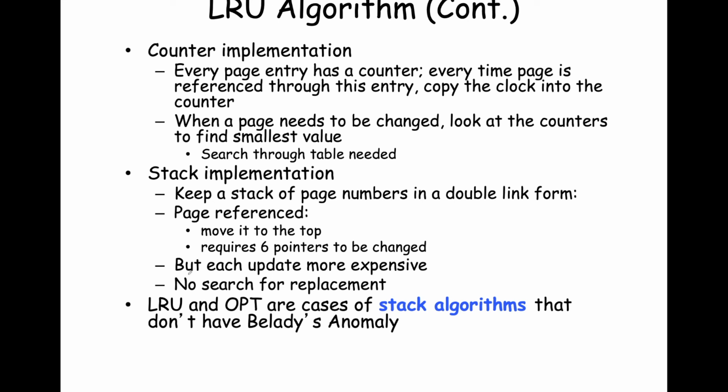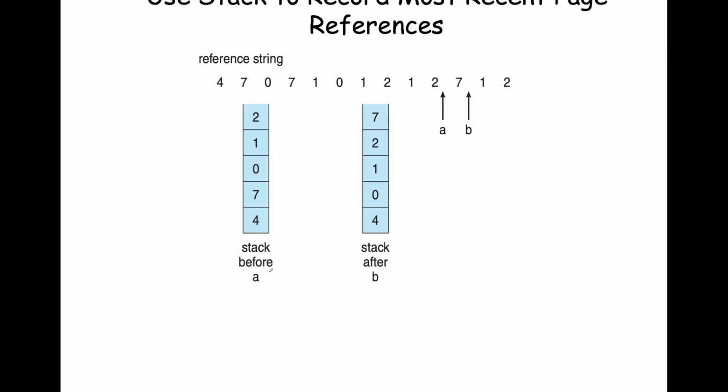Least recently used and optimal are both so-called stack algorithms, and these do not exhibit Belady's anomaly. Here's an example of using a stack approach. We have our stack, and the top of stack is 2, followed by 1, 0, 7, 4.